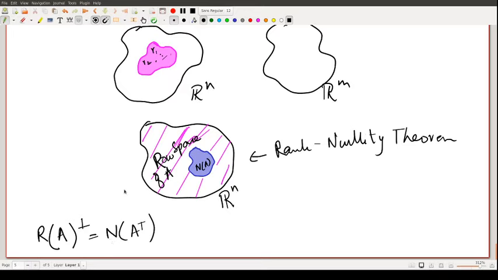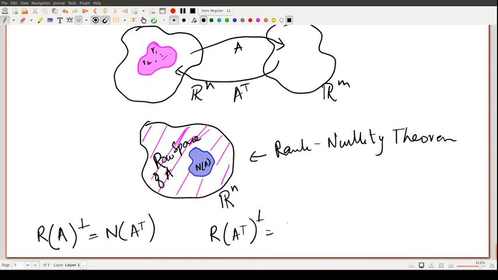If A is the link from Rn to Rm, then A transpose is the link from Rm to Rn. And similarly, the range of A transpose is the orthogonal complement of the null space of A. This is how these ideas are connected.